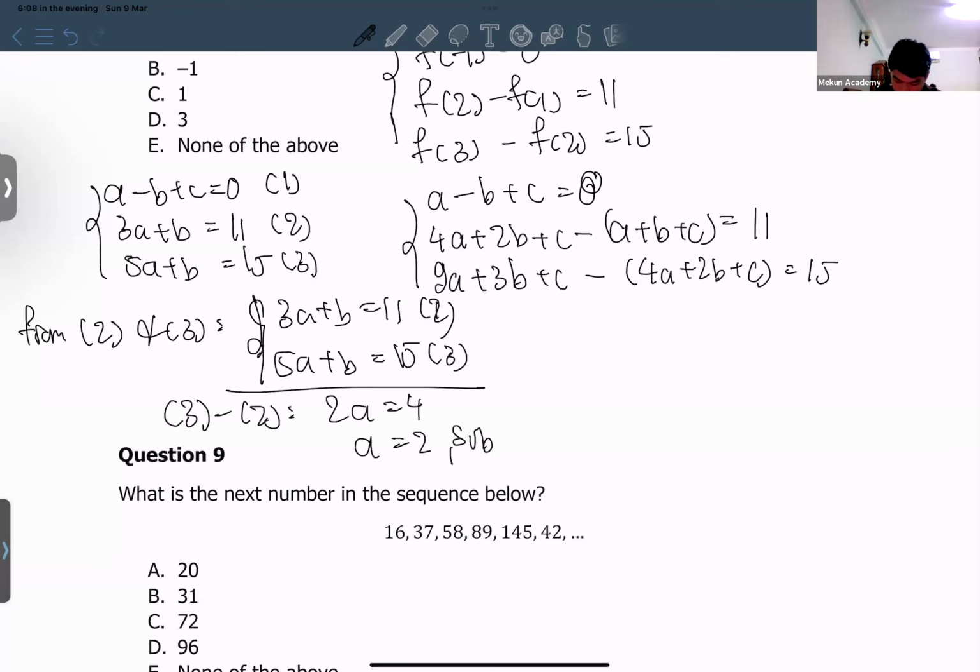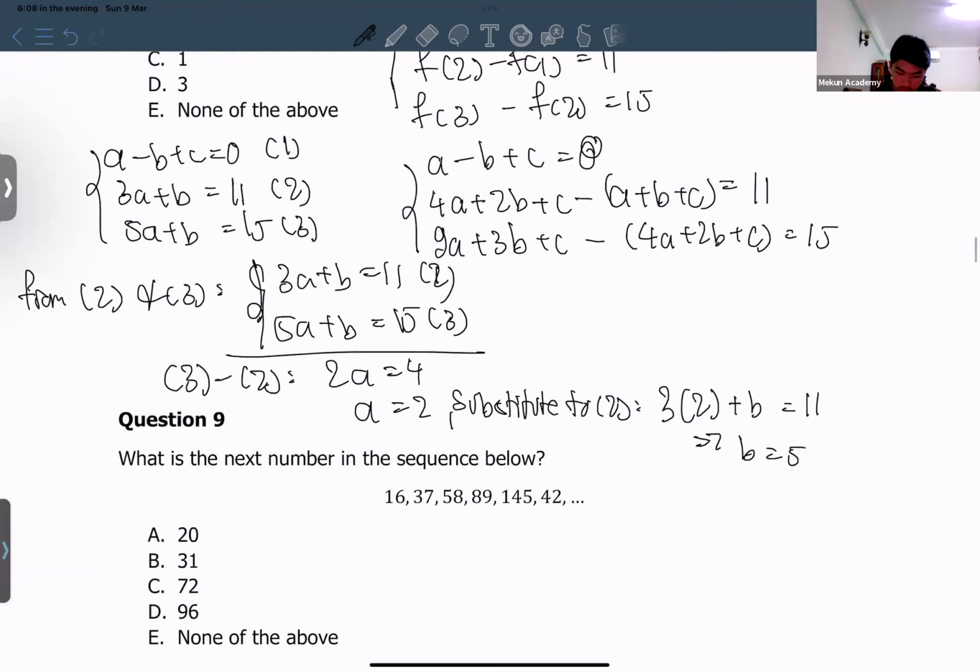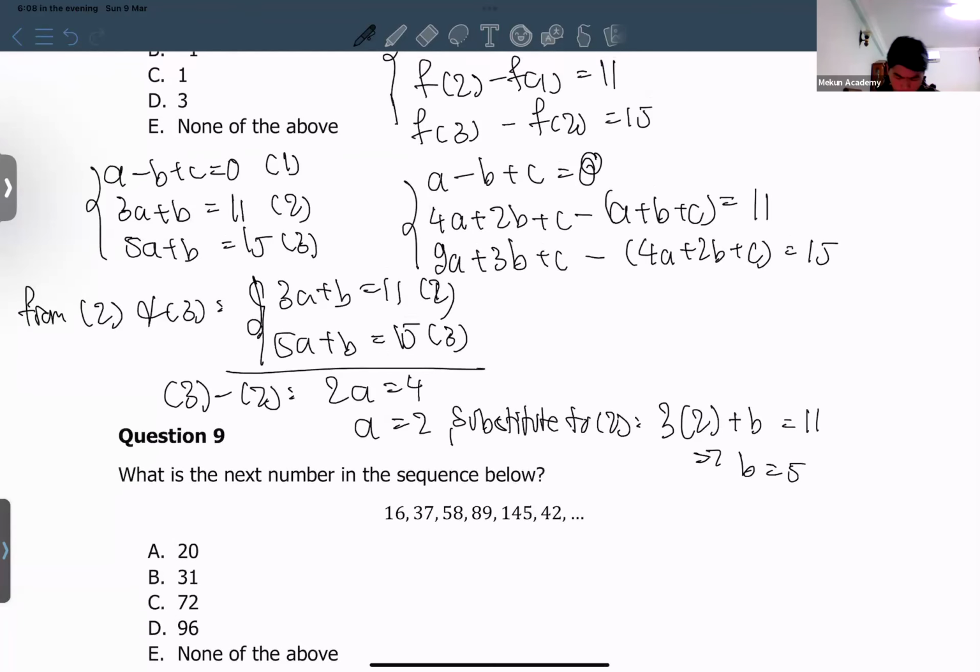Then you'll get 6 plus b equals 11. Then you'll get b equals 5. So from equations 2 and 3, you'll get a equals 2 and b equals 5.